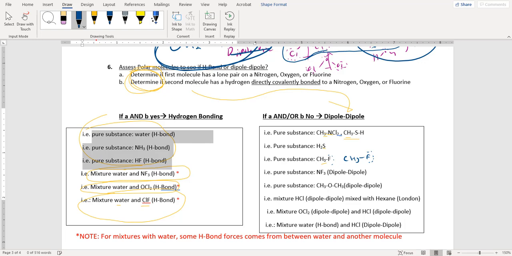Just to demonstrate this, here's number 1, here's number 2. They both have overall dipoles, FYI. First molecule does have a lone pair, but the second molecule has no hydrogen directly bonded to it. It's attached to another part of the molecule, but there is no hydrogen directly bonded to fluorine. So the most that this could be is dipole-dipole.